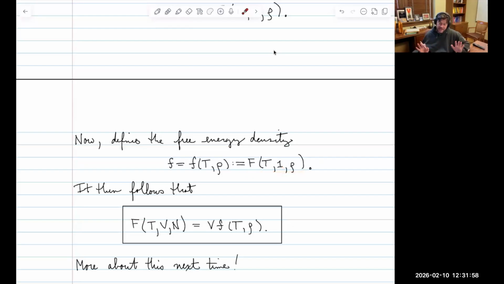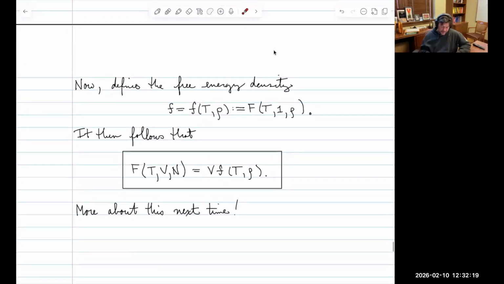The temperature doesn't change because it's a homogeneous of degree 0 function. So in other words, it doesn't make sense to define something called a temperature density. All the rest of the stuff you can define and make a density of it, but a temperature density doesn't make any sense. That's kind of why this works out this way.